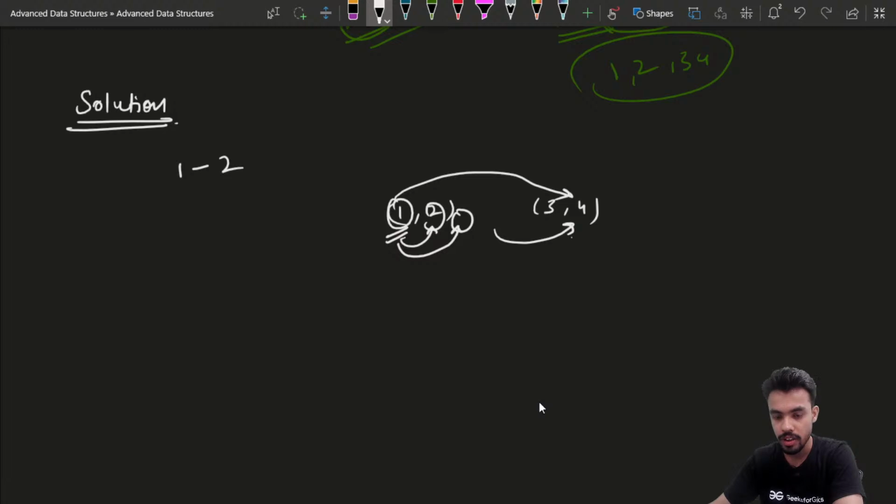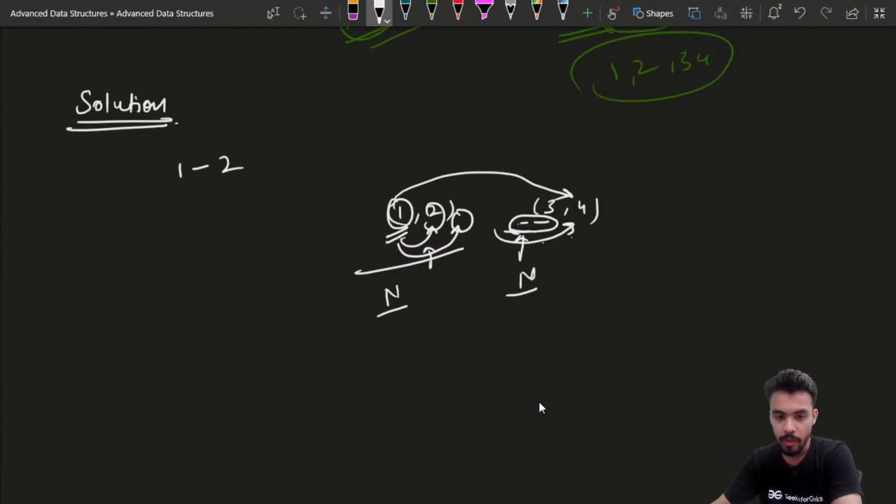Similarly, all the values present in this set, we can make them friends of all the values of this particular set. In the worst case, this set contains n elements and this set would also contain n elements.